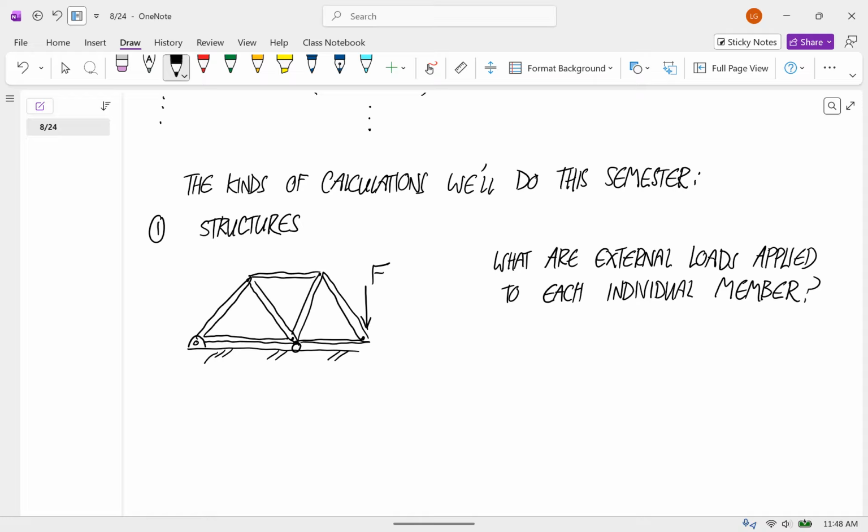You can tell that force would just make it accelerate. This thing would basically be the same as it is here, but it wouldn't be called a structure anymore because it would be accelerating. It would be called a linkage. And so when you take dynamics, you'll study the internal forces like that on members in a linkage. But for now we're just doing ones that are in static equilibrium.